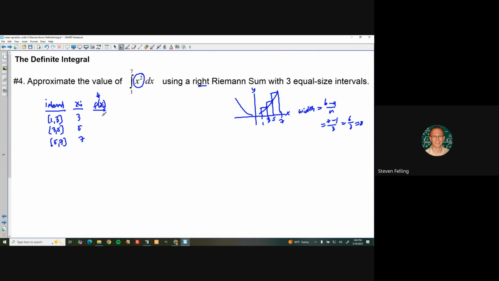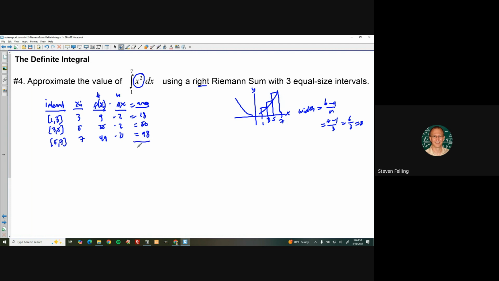So that means 3 squared is 9, 5 squared is 25, 7 squared is 49. The width is the change in x, so the width of each of these intervals is 2. And then we can multiply the height times the width to find the rectangular area. 9 times 2 is 18, 25 times 2 is 50, and 49 times 2 is 98.